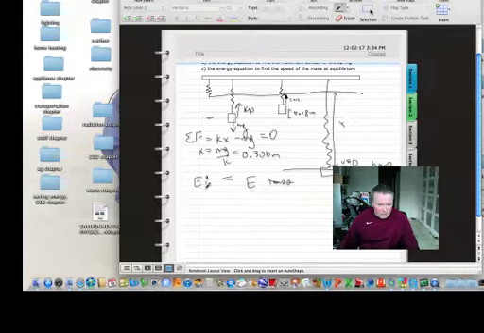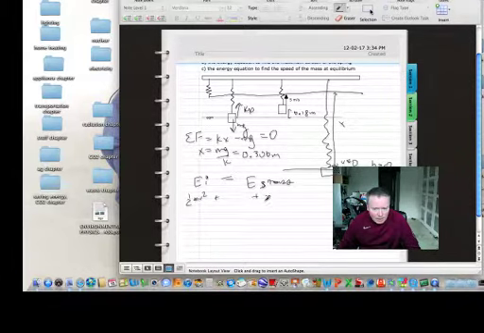Alright, so we said that at the start, it's got kinetic energy, half mv squared. It's got gravitational energy, mgh. And it's got elastic energy, 1/2 kx squared.